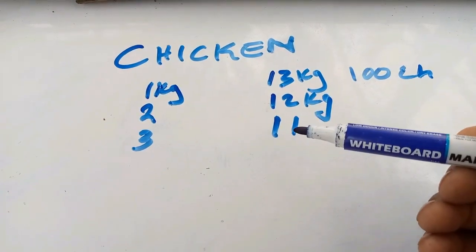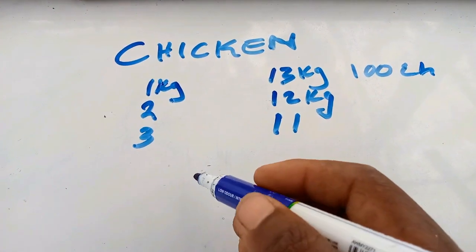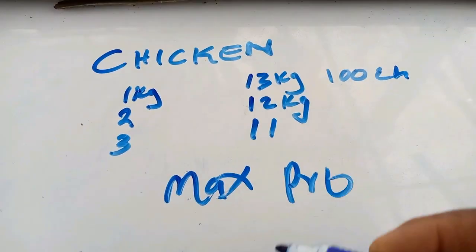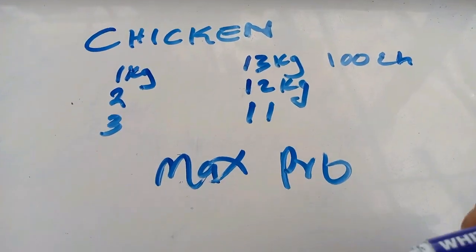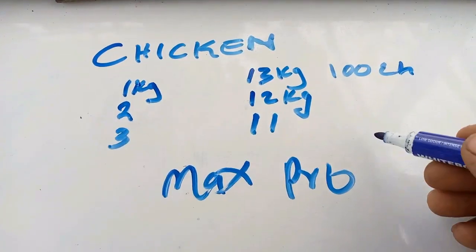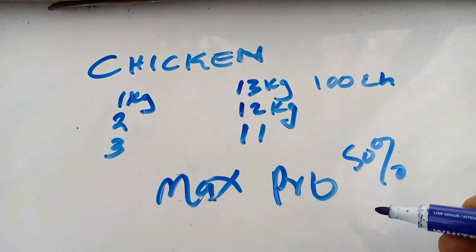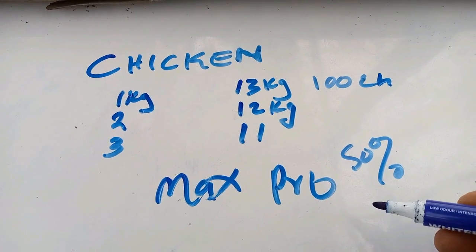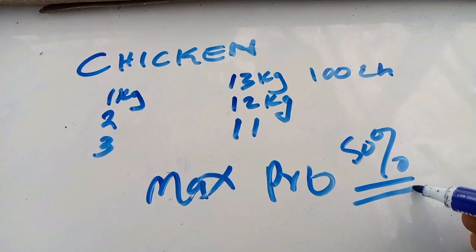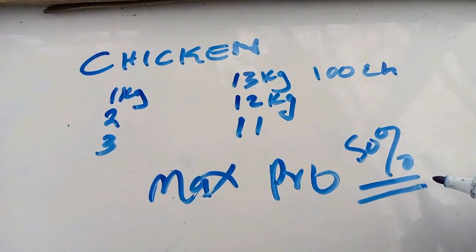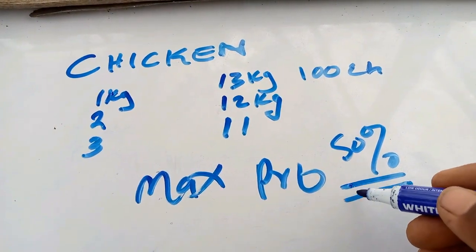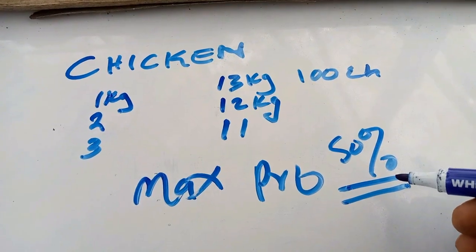They will go until a point whereby they get maximum production, and at that point they will stop. If it is 50% commercial feed and 50% fodder, then they will stop at that point. You can do the same until you reach your desired point.